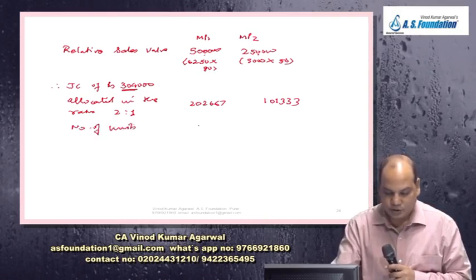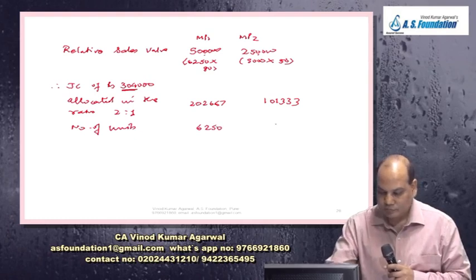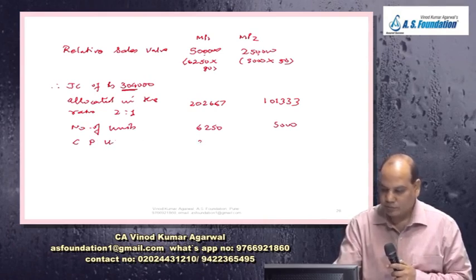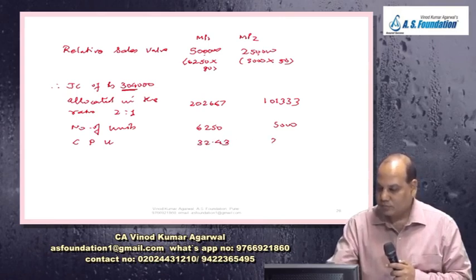Number of units are 6250 and 5000. So can we get cost per unit now? This divided by this comes to 32.43, and this is 20.27.